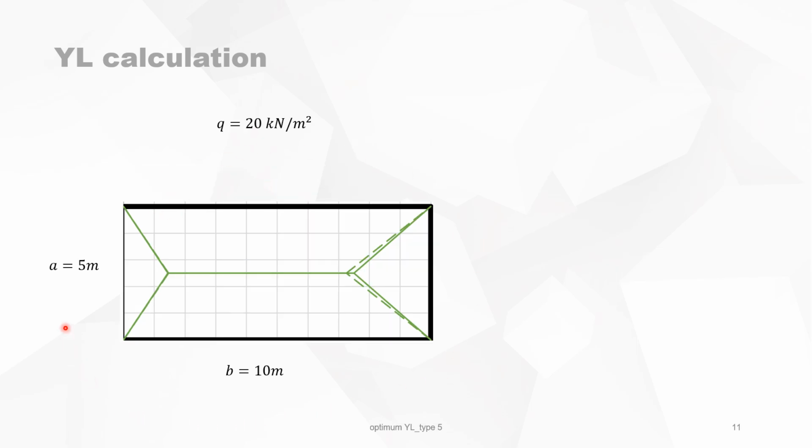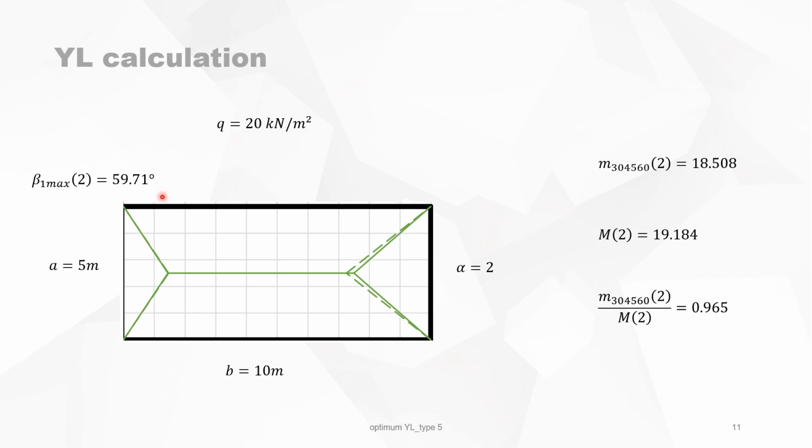Then we can look at the other extreme when alpha is 2. It means that this side is 5 meters, this is 10 meters, and Q is 20 kilonewton per square meter. Again, we look at the bending moment with the 30, 45, 60 rule, which means the full green lines as yield lines. We obtain 19.5, and then we calculate the maximum bending moment optimized, which is the dotted line, gives you 19.2 kilonewton meter per meter, which gives you a ratio of 0.965.